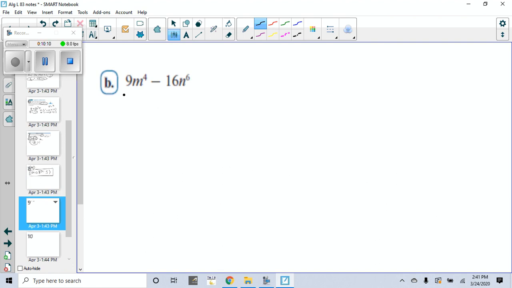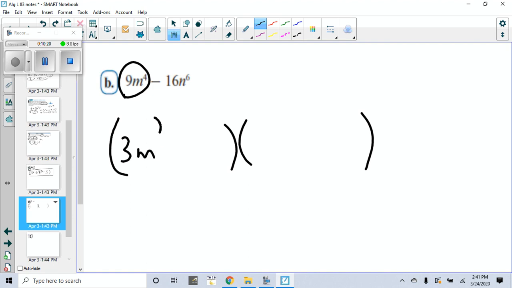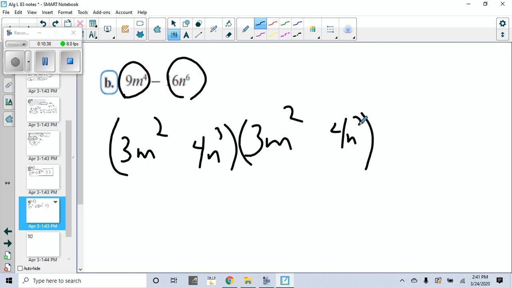All right, let's see. Can we take the square root of 9m to the 4th? You should say yes, 3m squared times 3m squared. And then can we take the square root of 16n to the 6th? You should say yes, 4n to the 3rd times 4n to the 3rd.